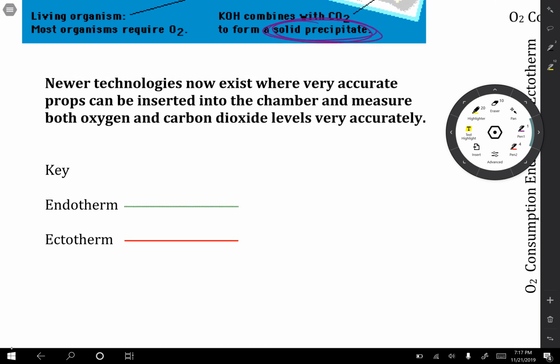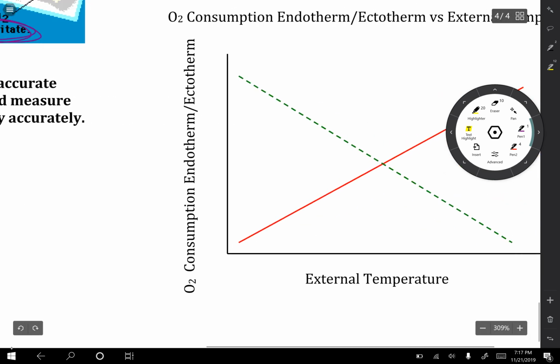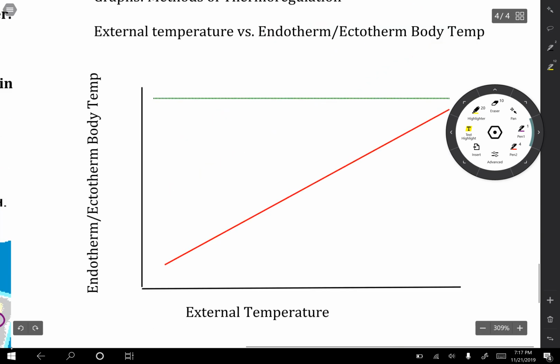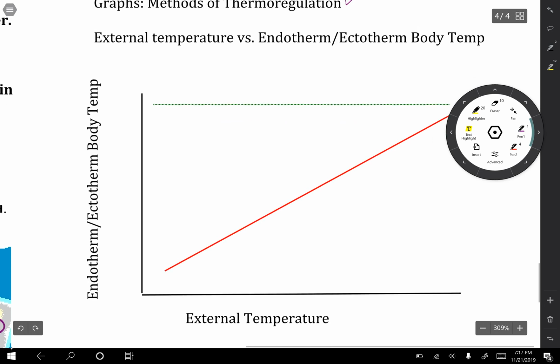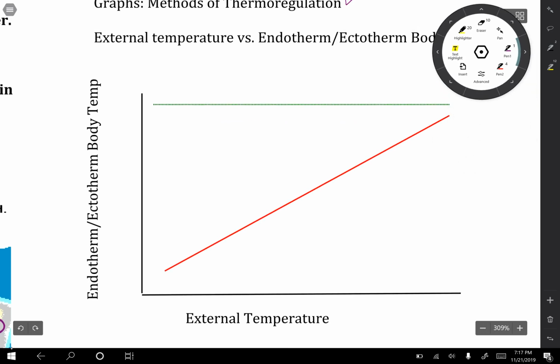Newer technologies, of course, you can use probes, but we're going old school here. So I use green and I use red. Green is going to be your endotherm, and red is going to be your ectotherm. The first thing they did was look at graphs of the modes of thermoregulation. If we change the external temperature, and again, we didn't go crazy, let's say from 60 degrees Fahrenheit all the way up to 90 degrees Fahrenheit, which is not extreme, it's reasonable.